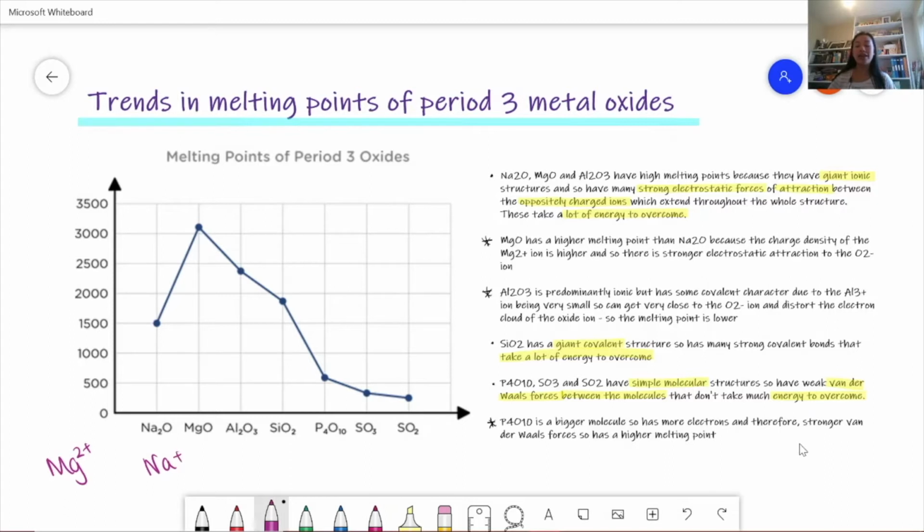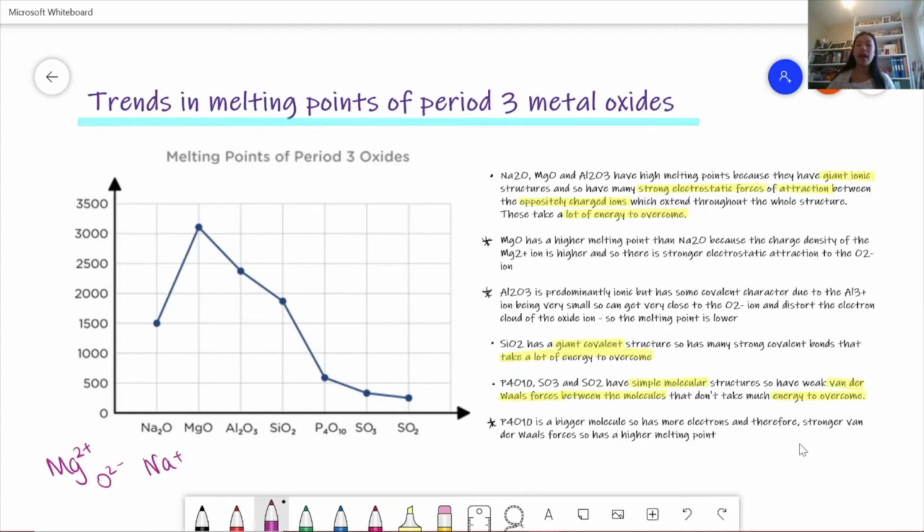That means that the Mg2+ ions bond with the O2- ions more closely, and there's a stronger attraction between them. And so this leads to stronger electrostatic attraction, and so more energy is needed to overcome these forces of attraction. So the melting point of magnesium oxide is a lot higher than for sodium oxide.